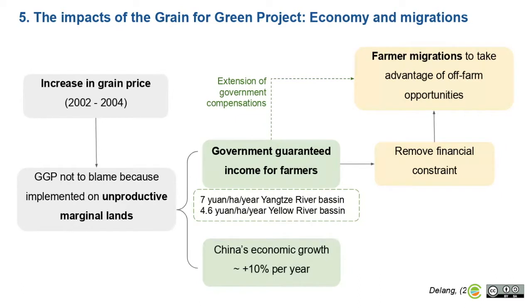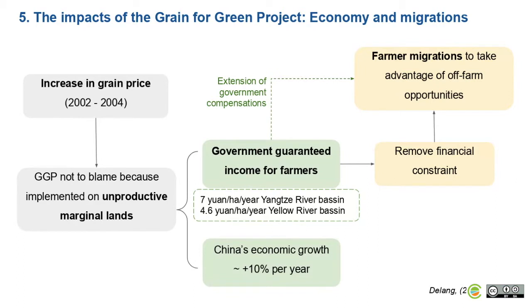Impacts on the economy and farm migration. So between 2002 and 2004, there was an increase in grain price in China, but the Grain for Green project was not found to be responsible for this increase in prices because it targets medium productive and marginal lands. And this project also had some economic advantages for the farmers because they received guaranteed incomes from the government.